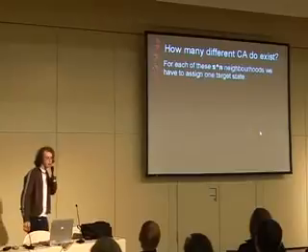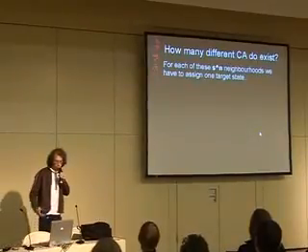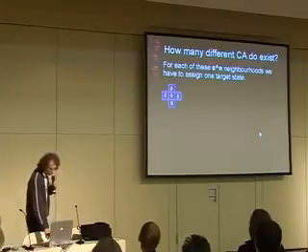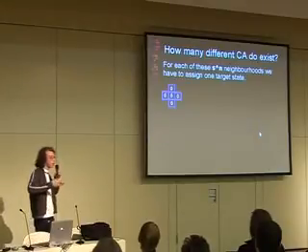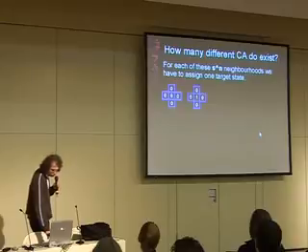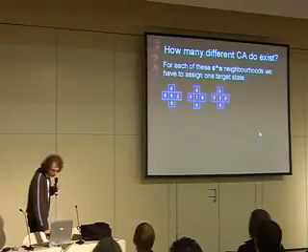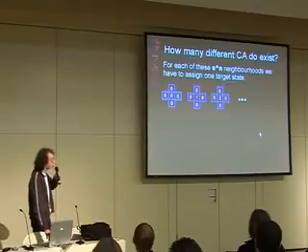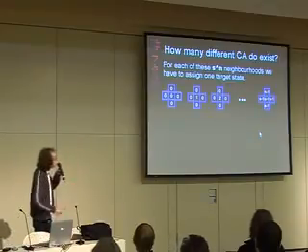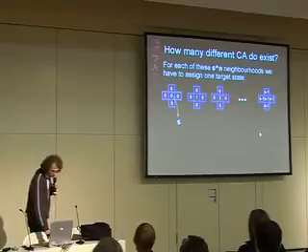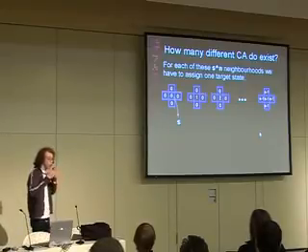So for each of these S to the nth power neighborhoods, we have to assign one target state. If everything is 0, we have to assign one target state. If the center cell is 1 and everything else is 0, or if it's 2. And for each combination till every state is S minus 1, we have to assign one of S target states.